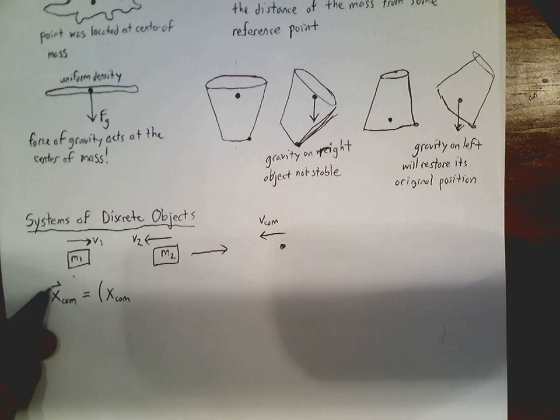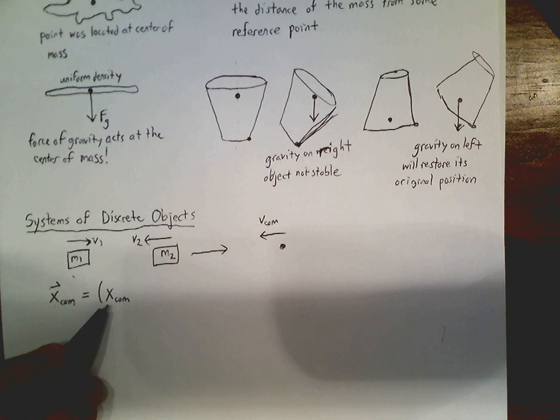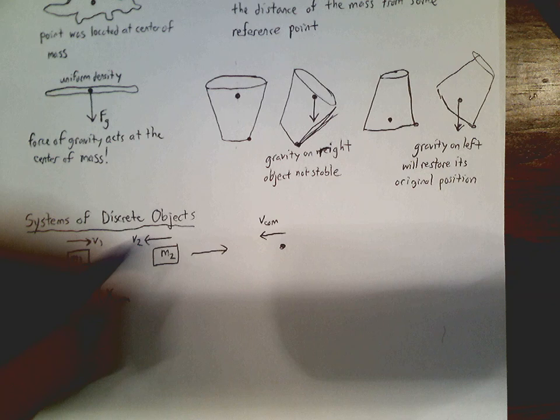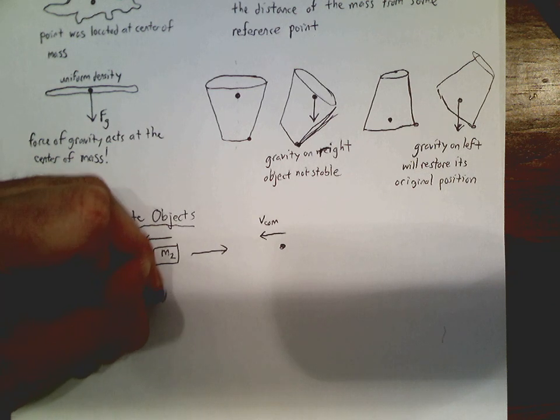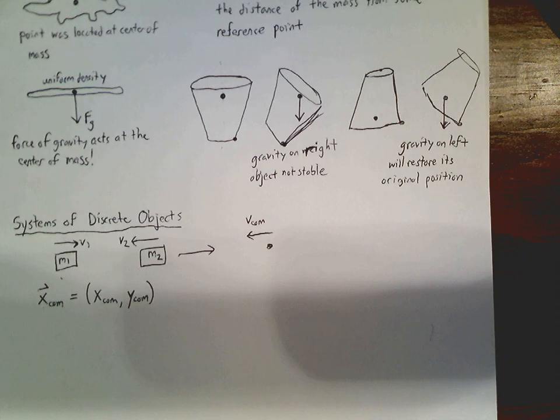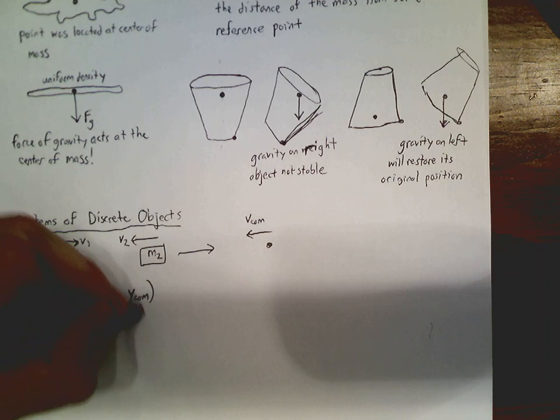So x vector center of mass represents the actual vector as a 2D quantity. X without the little hat is the specific x coordinate of the center of mass. And then we have the y center of mass. Where vertically is that center of mass located? We have to calculate out each coordinate separately.